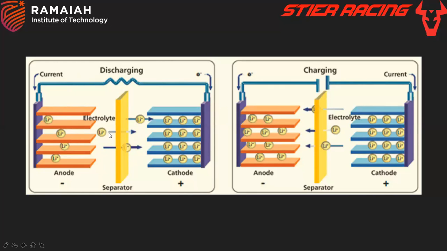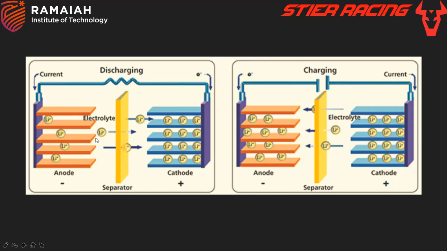When this battery is charged, in the charging phase, all the lithium ions go towards the anode, and at the time of discharging, all of these lithium ions go towards the cathode.